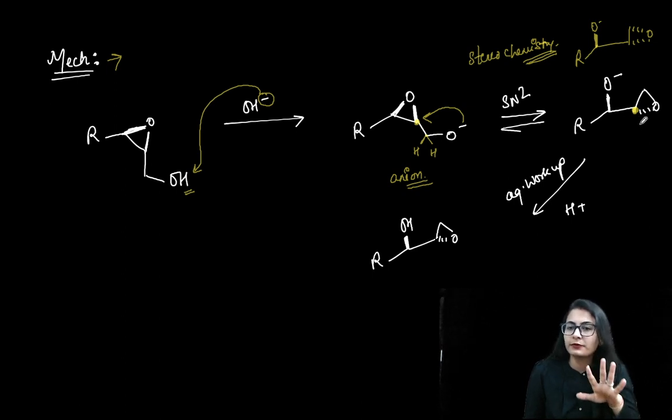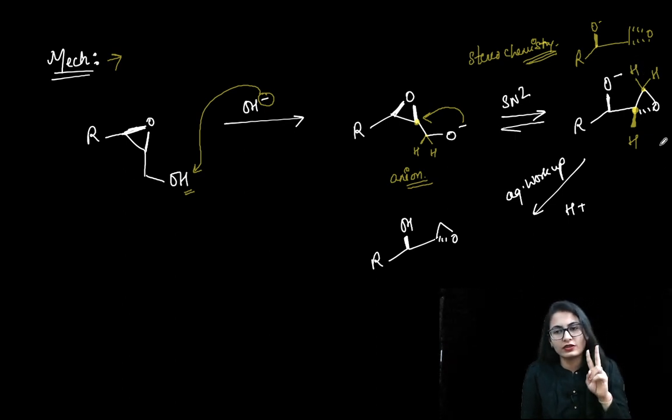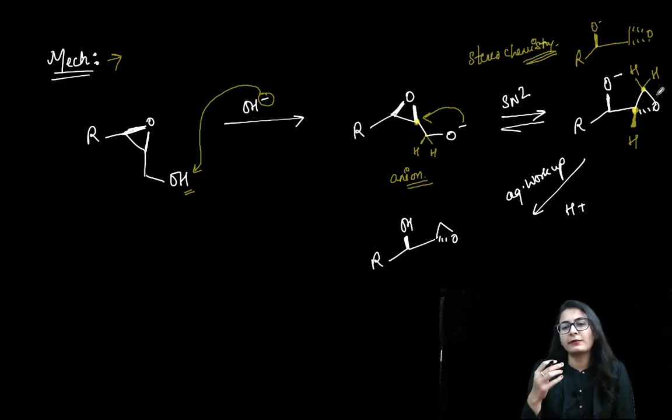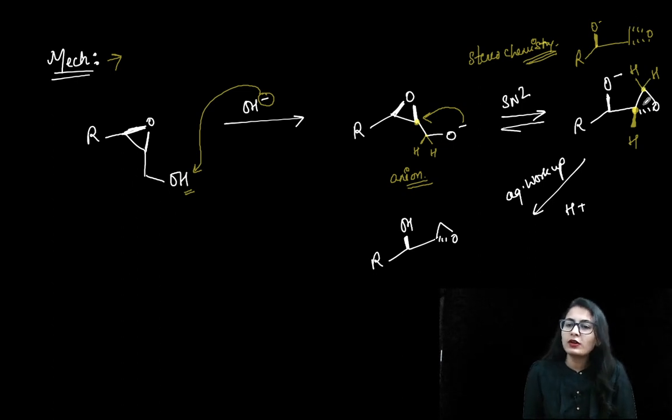It has 4 different substituents and there is one hydrogen which is above the plane, but the other carbon is achiral. It has 2 same hydrogen groups. So it does not matter if you write it like this, without any above or below notation, because it is an achiral carbon. That is why we only mention the stereochemistry of the carbon on which the SN2 attack has taken place. Definitely there is going to be inversion.